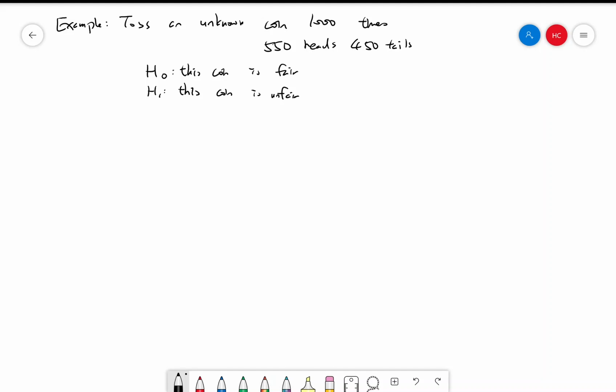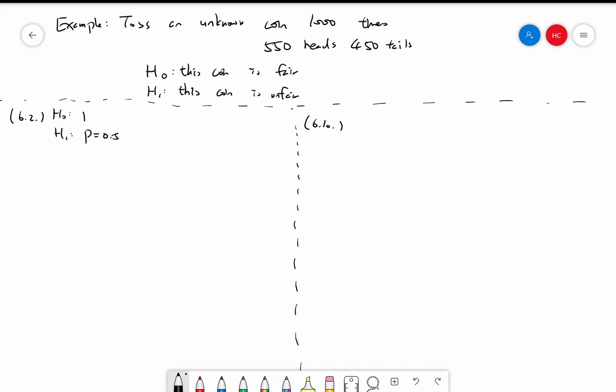So there are two methods to calculate this. We can use the method in section 6.2, or we can use the method we just learned. If we want to use the method in 6.2, then H0 means p is equal to 0.5, and H1 means p is not equal to 0.5.